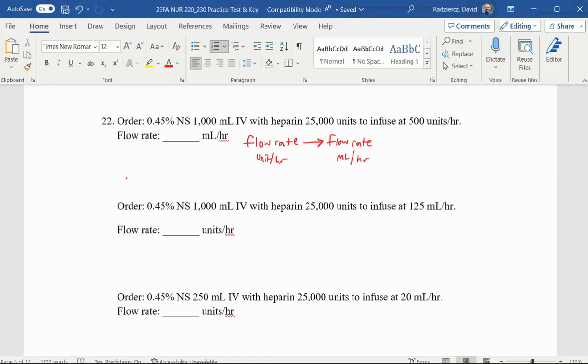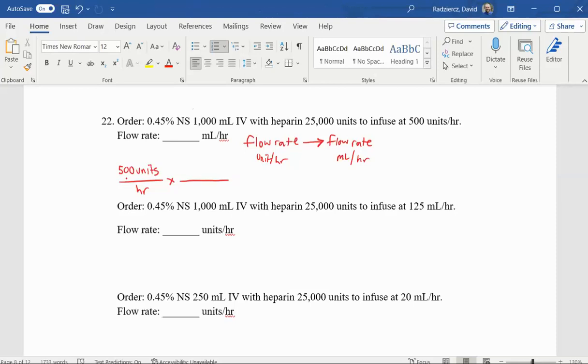So what I'm going to do is set up a situation here where I take 500 units per hour. I'm trying to convert units to milliliters. That's why I'm starting with the flow rate.